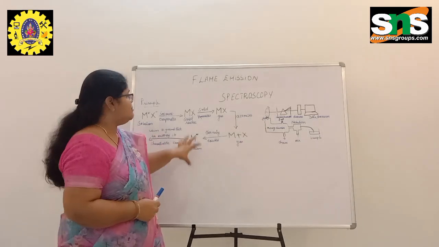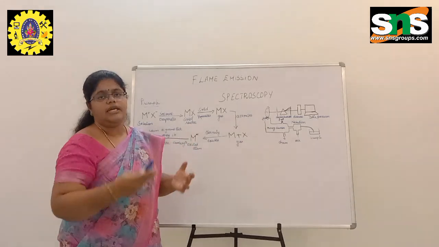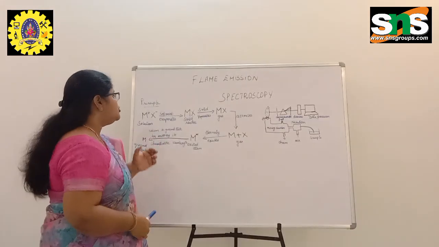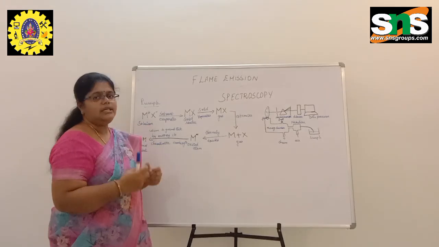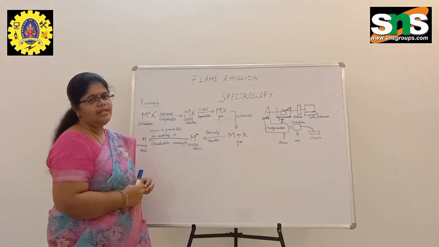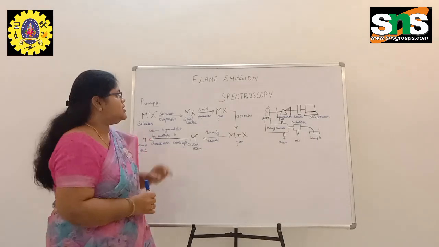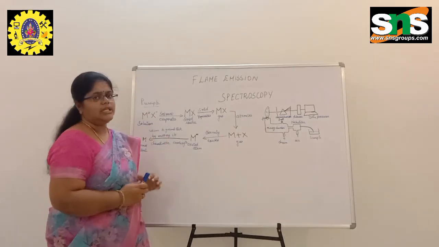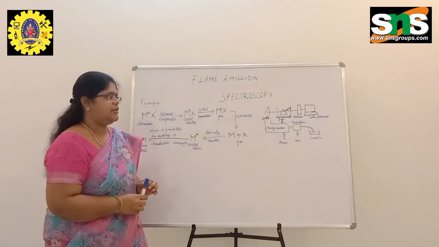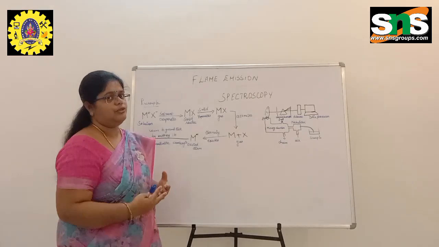And the thermally excited atom cannot stay in the excited state for a long time. So it returns to the ground state by emitting its own characteristic wavelength, and you get the metal atom in the ground state. So this is the principle that is involved in flame photometry, flame emission photometry.